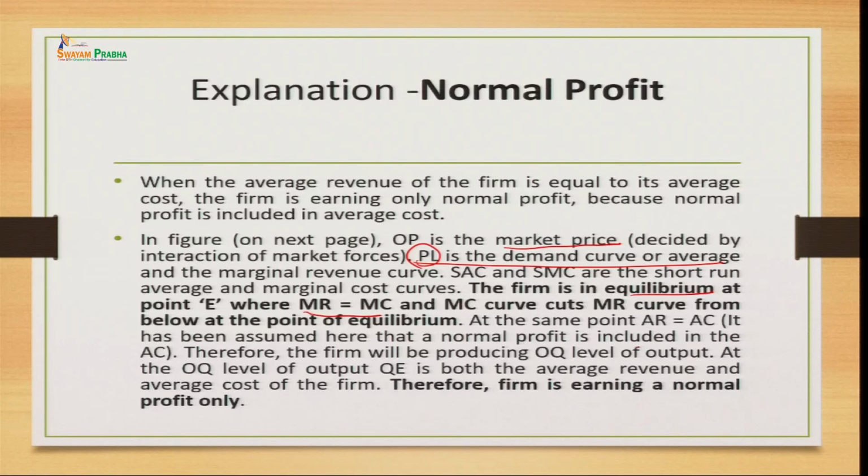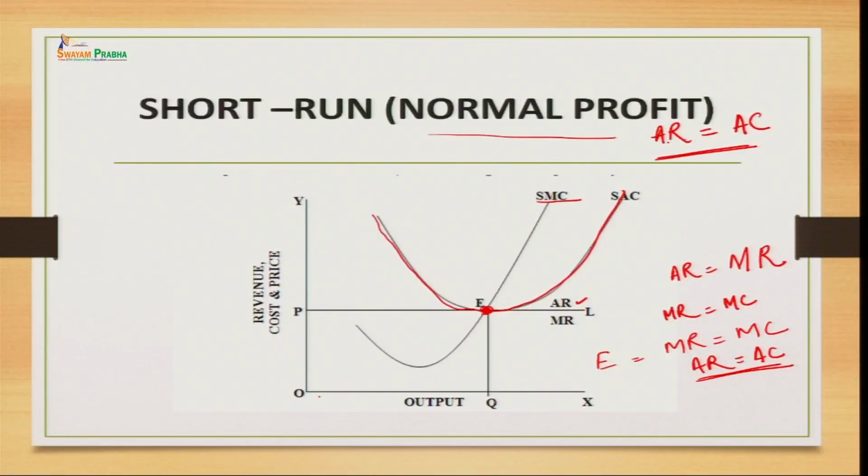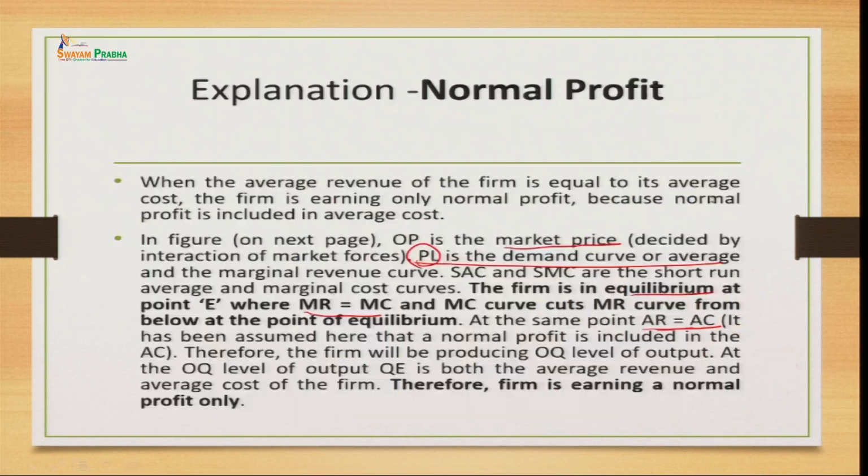As we know, this is a normal profit condition. So, therefore, our average revenue will be equal to the average cost. So, we will draw the average cost curve where it is going to touch your average revenue. In this graph you can see that to produce OQ output, EQ is the average revenue and EQ is the cost.